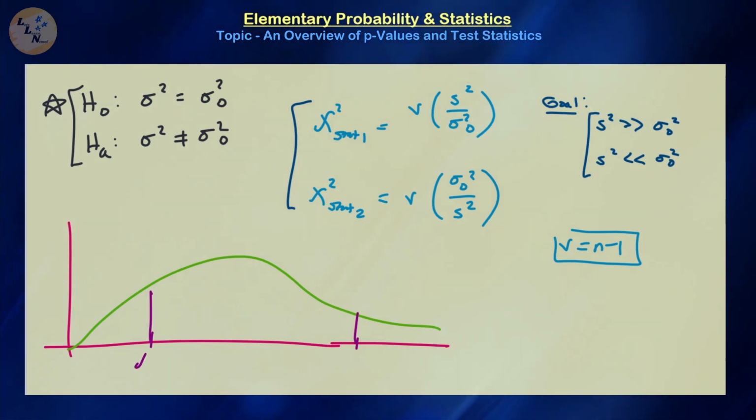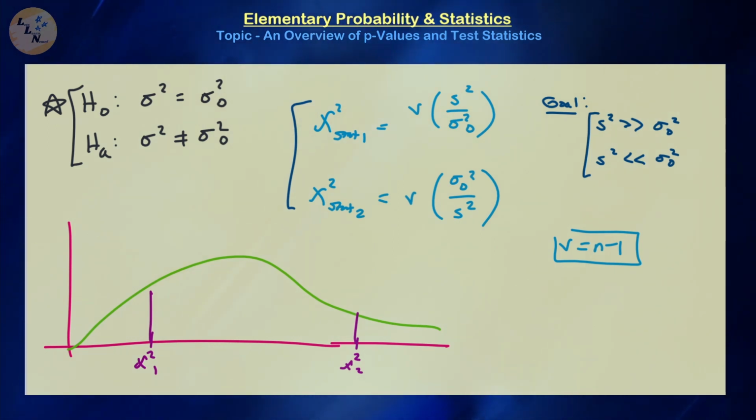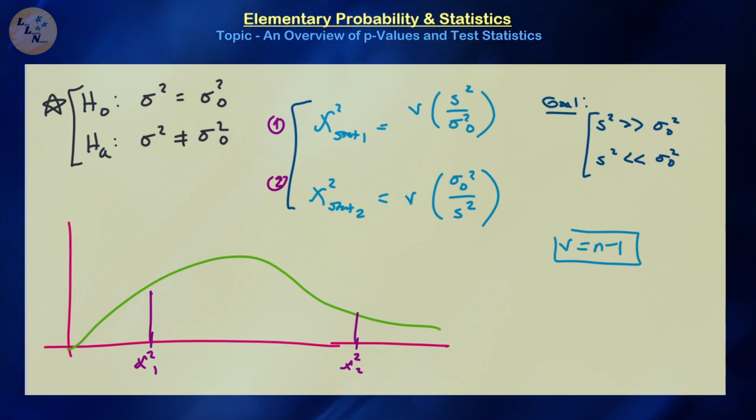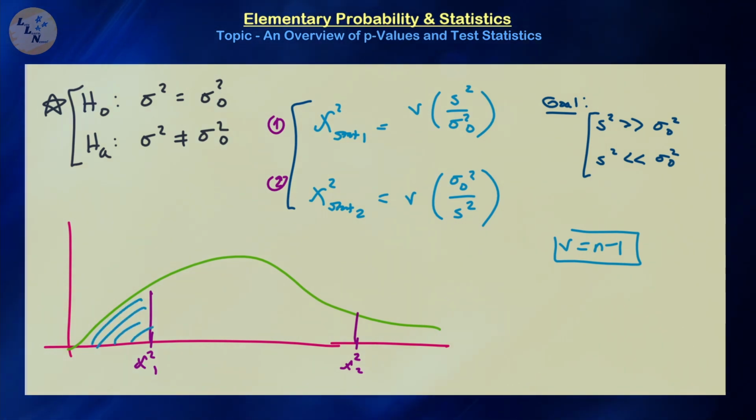For example, let's call these chi-squared 1 and chi-squared 2, where chi-squared 1 is the minimum of chi-square stat 1 and chi-square stat 2, and chi-squared 2 is the maximum. The p-value in this picture would be the area to the left of chi-square 1 and the area to the right of chi-square 2.